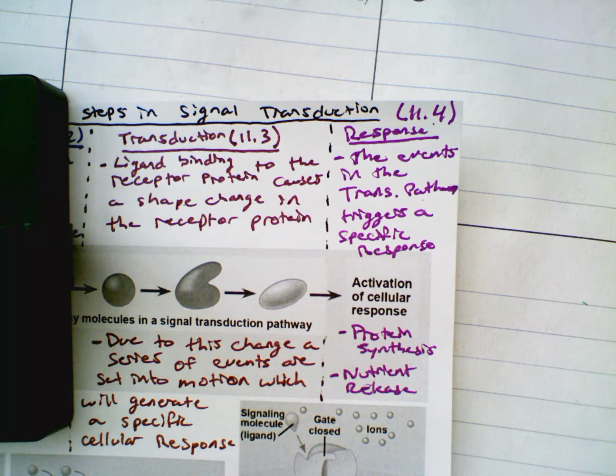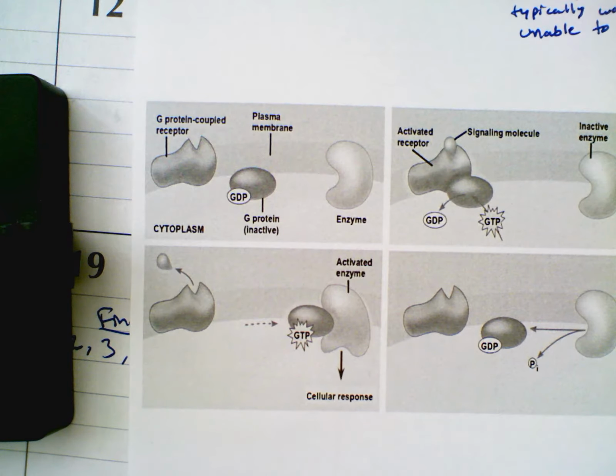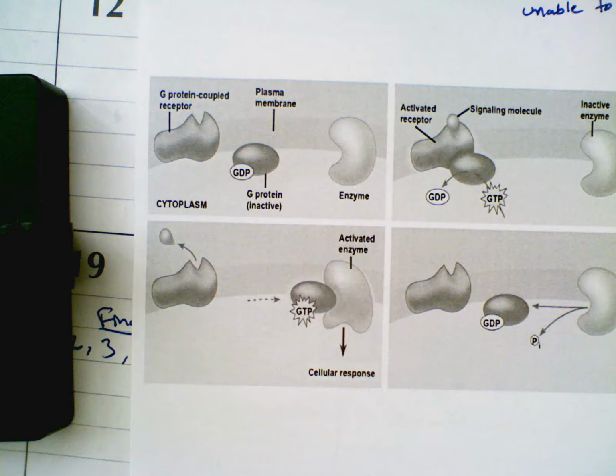So then we move on to 11.2, where they go over three specific protein receptor models. So there are these three major classes of these receptor proteins, and they're all triggered in the same way, but depending on what the transduction pathway is, we can end up with a whole bunch of different responses in them.